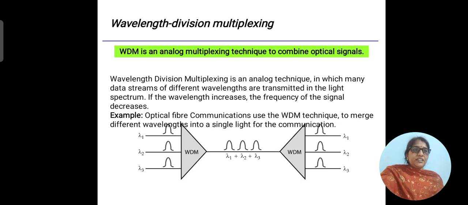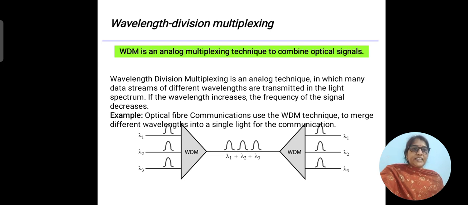So next is wavelength division multiplexing, that is WDM, an analog multiplexing technique to combine optical signals. Wavelength division multiplexing is an analog technique in which many data streams of different wavelengths are transmitted in the light spectrum.